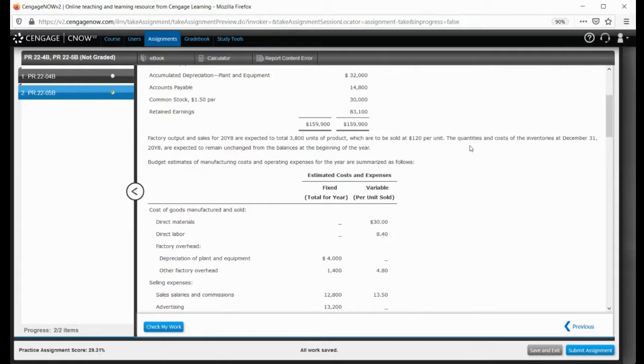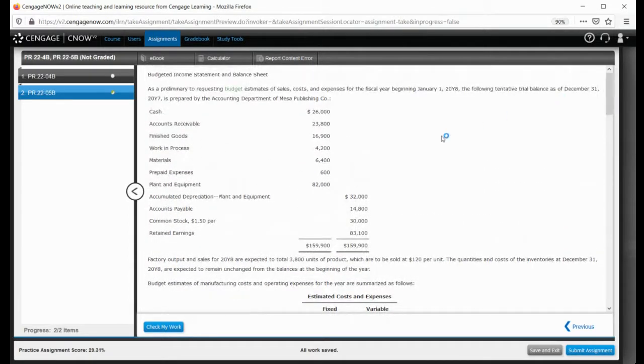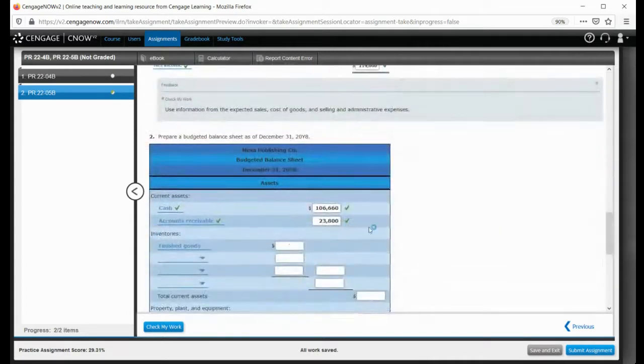Right here, where it says the quantities and the cost of the inventories at December 31st are expected to remain unchanged from the balances at the beginning of the year. So you're just basically plugging in the amounts. And so we want to look for our finished goods inventory, which is 16,900, and just plug that amount in.